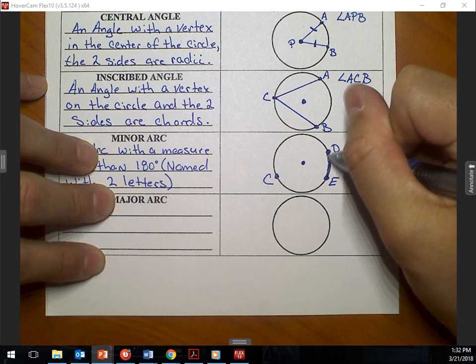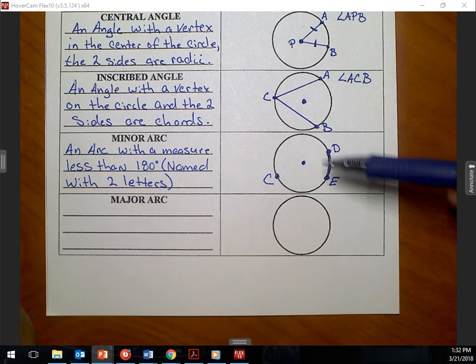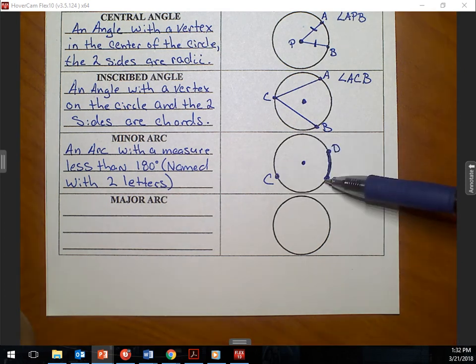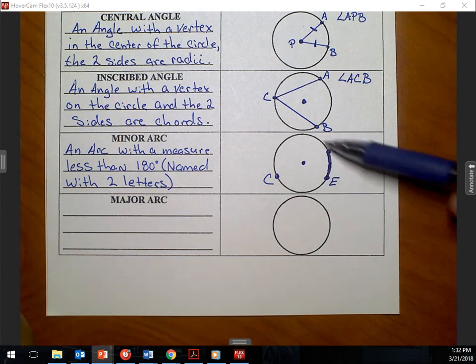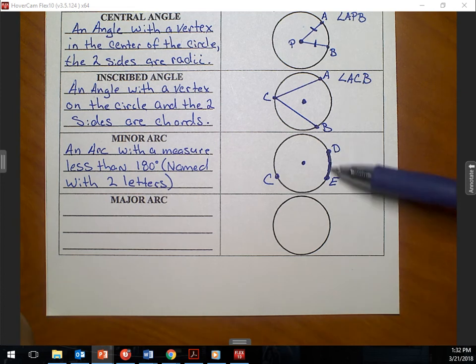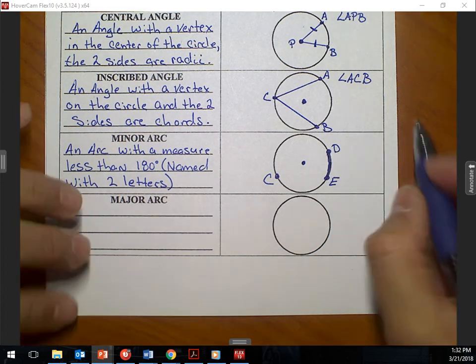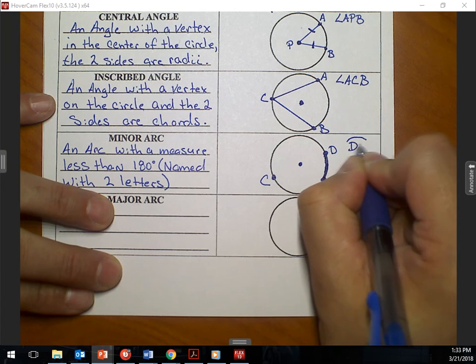So here's my 2 letters. Now, if you want to understand the difference between the arcs and the angle, the arc is actually like the crust of your pizza. So this is your pizza crust. Any arc is the pizza crust. So we're talking about only the edge from here to here. So I would label this arc DE.